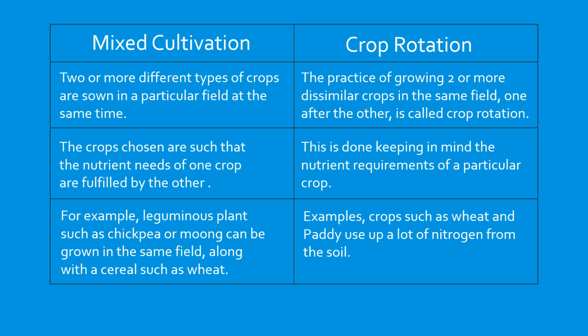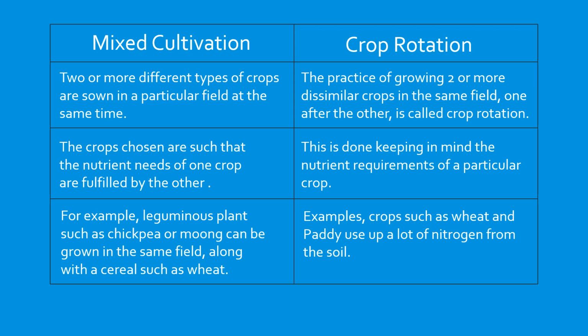In mixed cultivation, the crops are chosen such that the nutrient needs of one crop are fulfilled by the other. If anything is less, the other plant fulfills the requirement. For example, leguminous plants such as chickpea or moong can be sown in the same field with wheat.